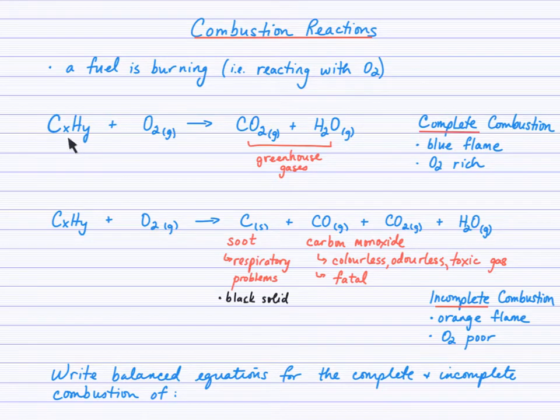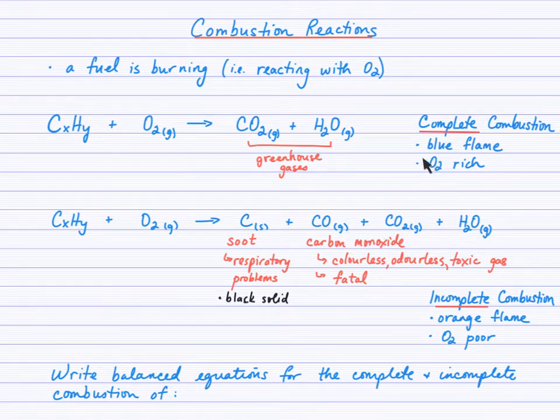You'll notice here that I use X and Y, so basically they could be any number here to represent the formula of the fuel. And oxygen is the second reactant in both cases, and you see the products listed here.